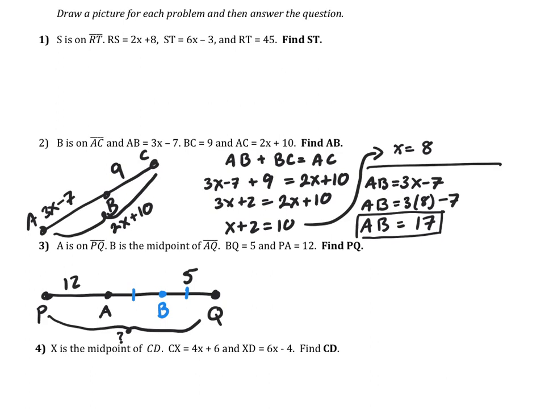So if BQ is 5, then AB is 5 because they have the same congruency markers. Now, if I want to find the big segment, I just add all of its little pieces together. So 12 plus 5 plus 5, this is going to be what PQ equals. So it tells me that PQ equals 22.